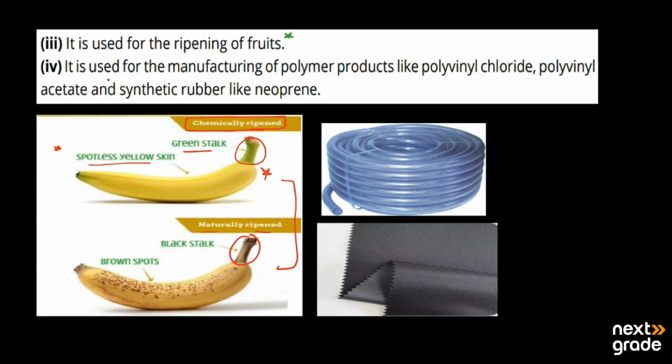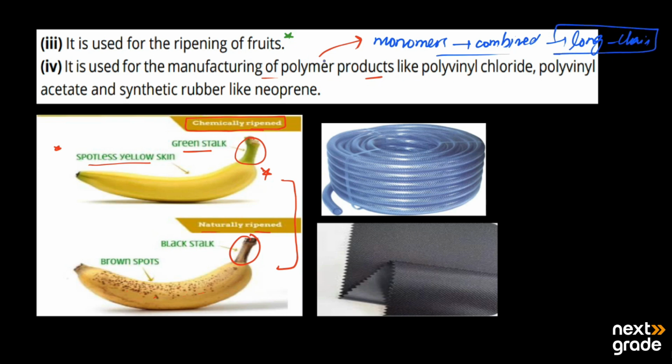The fourth use is the manufacturing of polymer products. Polymer products are made when simple monomers are combined, and after their combination they form long chains of compounds. When long chains of compounds are formed, these are known as polymers. Examples are polyvinyl chloride, which is known as PVC, polyvinyl acetate, and synthetic rubber like neoprene.